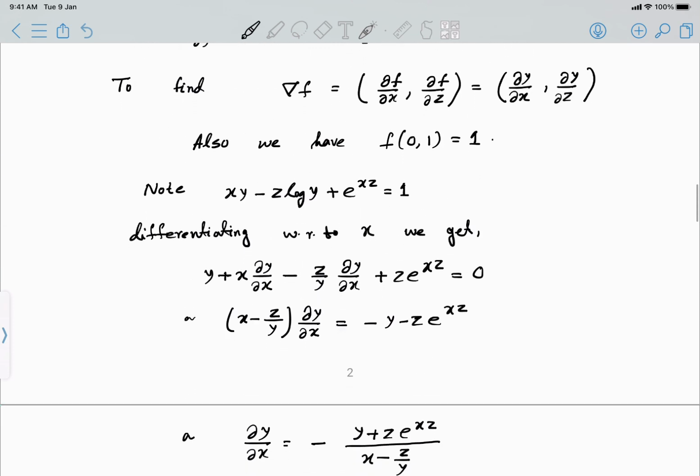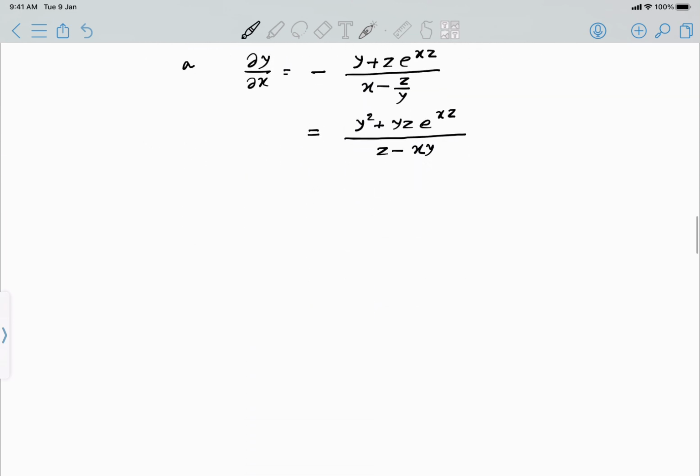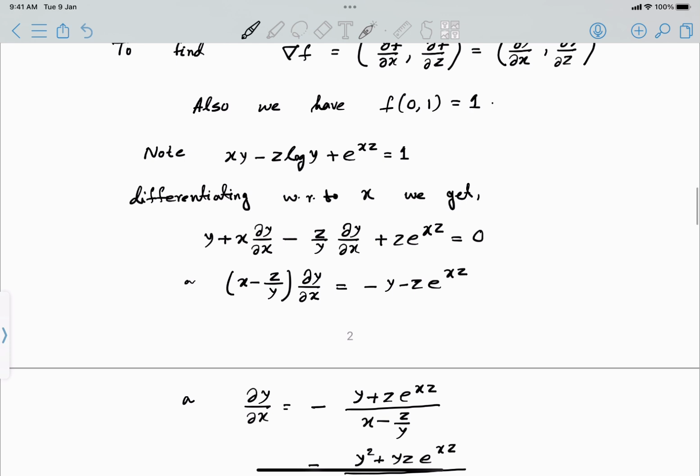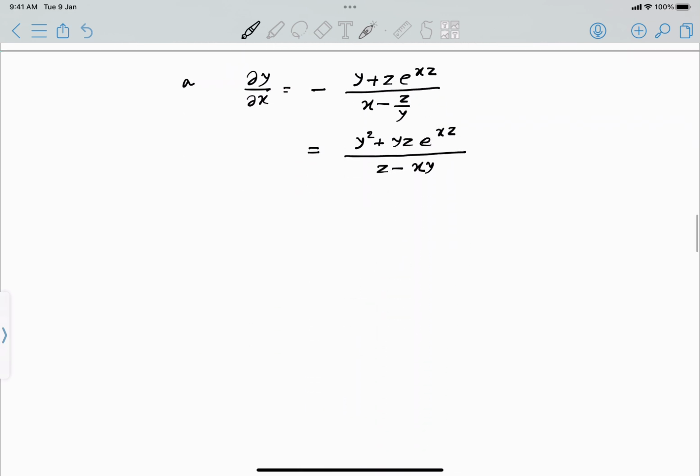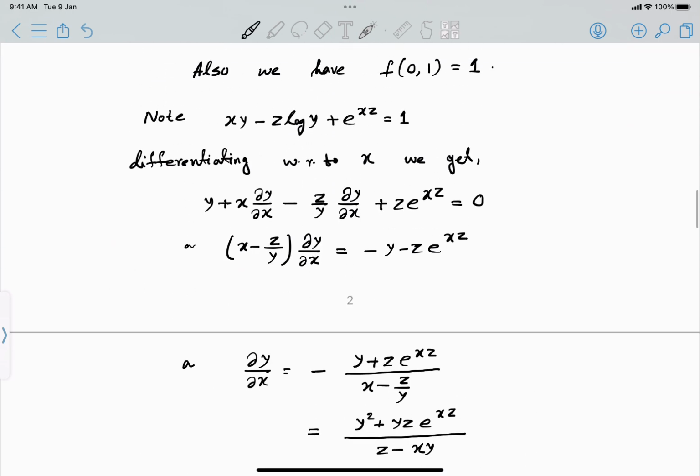Now we have to find del y by del z. So we will again differentiate with respect to z.